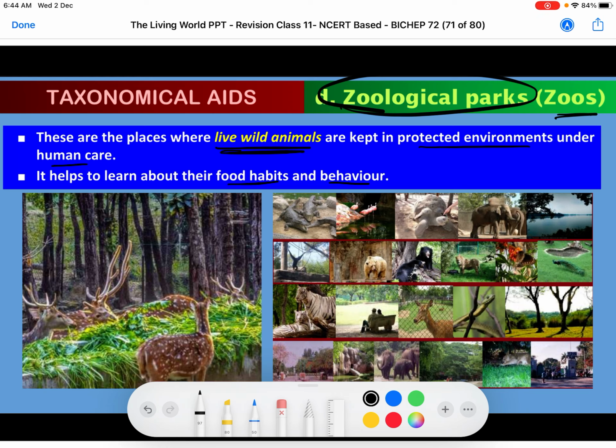Right? So it is an ex situ conservation method where you can take care of animals by keeping them in a particular place.